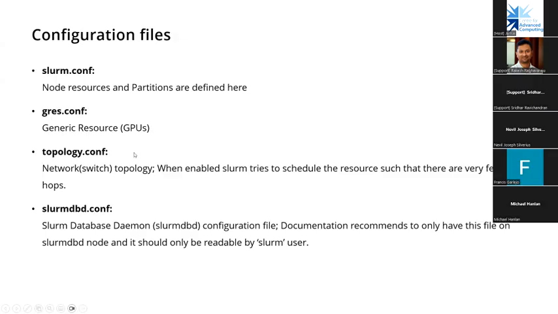And topology.conf is more about how the network is laid out. It essentially defines how 2 different nodes are connected in the network, how far or how close they are. I never looked at the SLURM database configuration, but that's more catered to where the database lives and things like that.